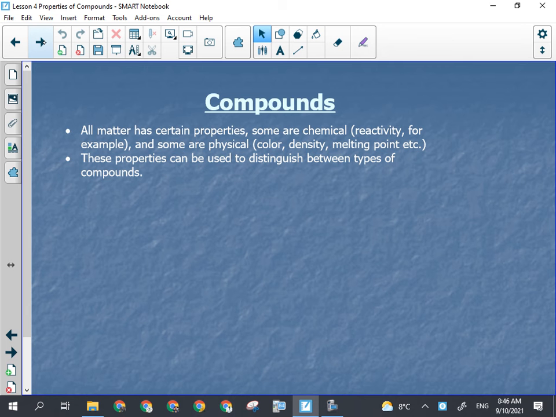I don't have to mix it with anything to find these properties. The properties I'd have to find out by mixing it with something else are its chemical properties, right? Because that involves a reaction with something. So for chemical properties, for example, the chemical property of this is that it's highly reactive in water. I wouldn't know that unless I put it in water, okay?